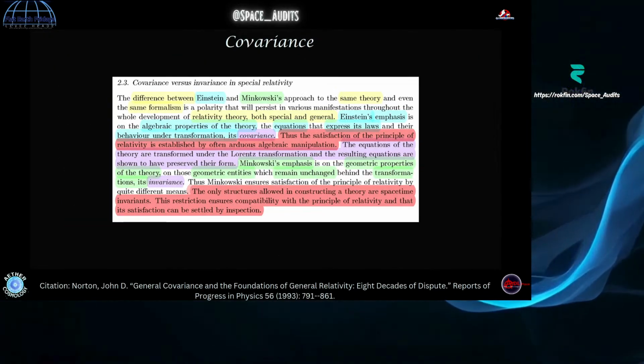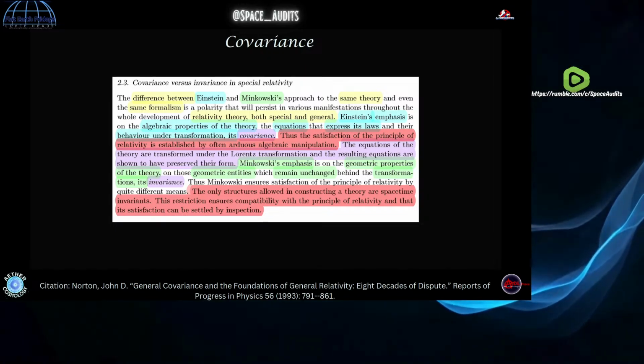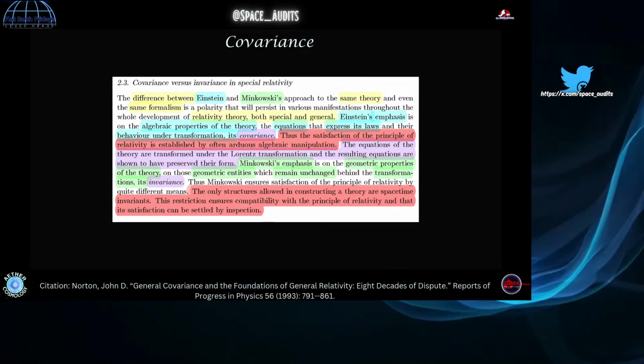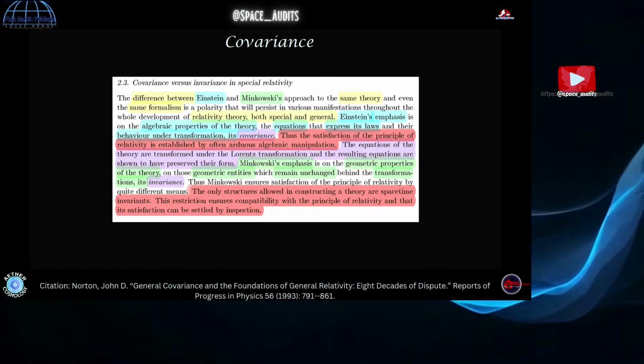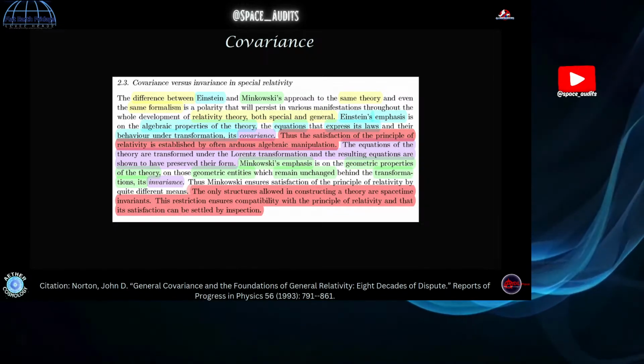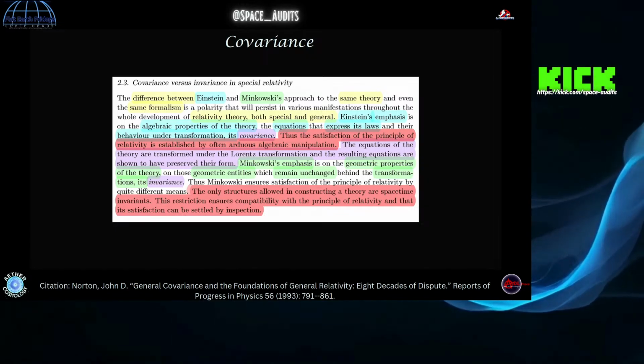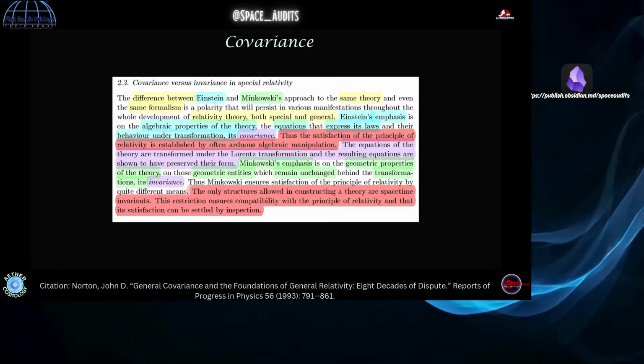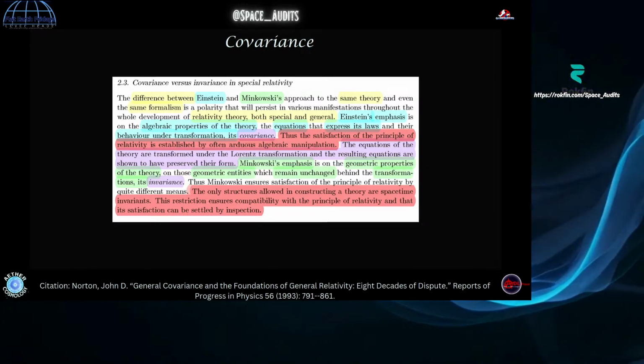So when we get into covariance, Einstein was satisfying this algebraically, where Minkowski gets into a geometric property situation. So we've all heard of Minkowski space-time. I'll show you the diagram here in a second.